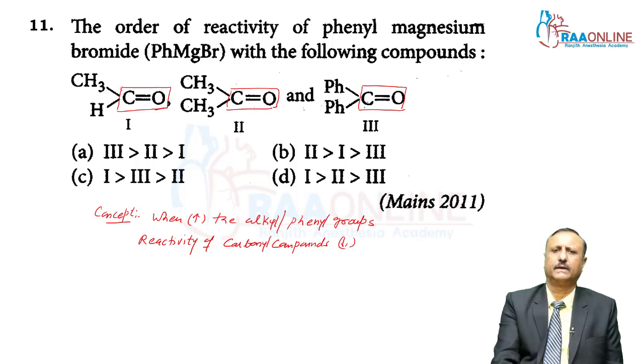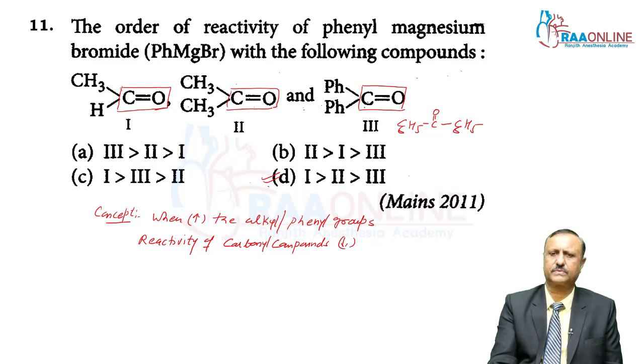Here in acetaldehyde you get only one alkyl group, in acetone two alkyl groups, and here you get bulky groups, which is also called benzophenone, because two phenyl groups are attached to this compound. So my dear students, reactivity decreases from 1, 2 to 3. So the answer for this question, option D, is the correct answer.